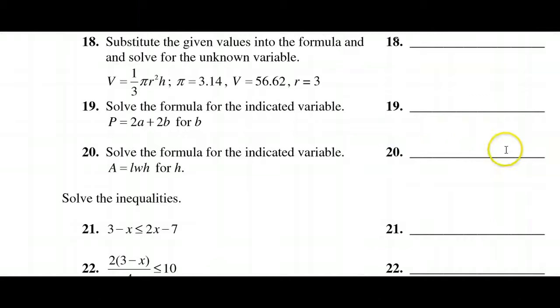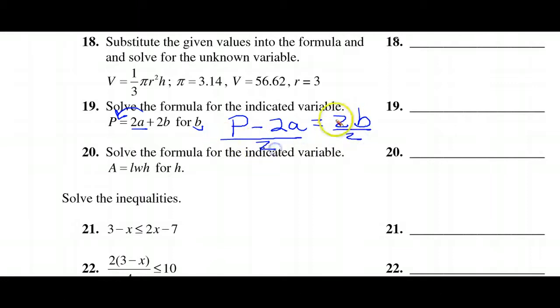Okay. Now for number 19, here they just want us to solve for a particular letter B. So first thing we're going to do is isolate the B term by putting the 2A on the other side. I'm just transposing the 2A term to the other side. Just change the sign. And now I want to get B by itself, so I just divide both sides by 2.